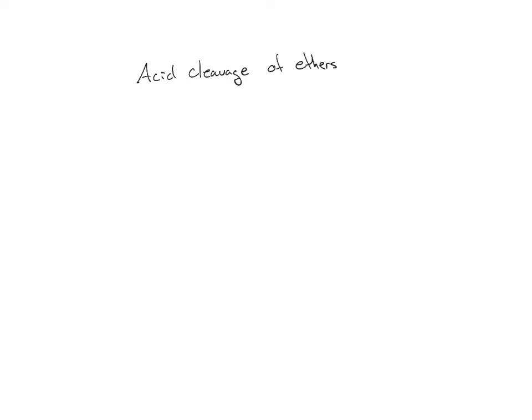So an acid cleavage, there's multiple hydrohalic acids we can use. I'm only going to focus on one of them, and that one is going to be, which one do I use? HI. So you need excess HI. This works with HBr, not as well as with HCl. And again, we have to heat this up.